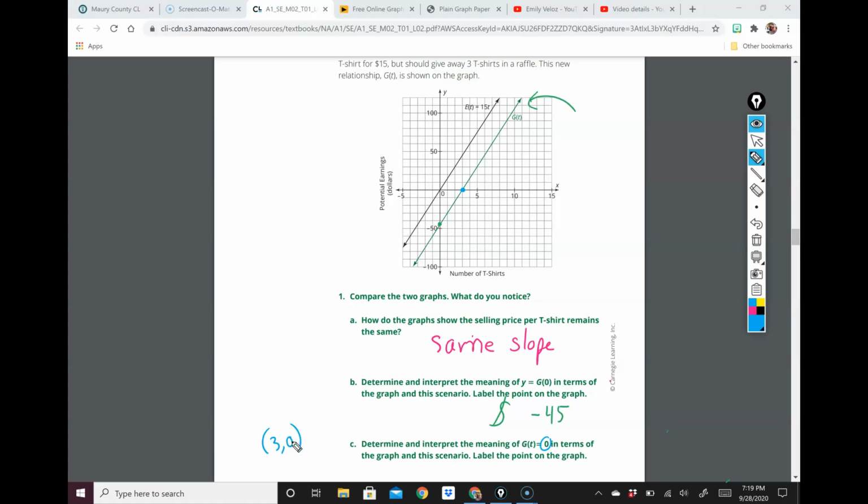And it means that once Marilyn sells or gives away 3 t-shirts, her earnings are $0. She has no money to return to her mom. So remember, she's given away 3 t-shirts.